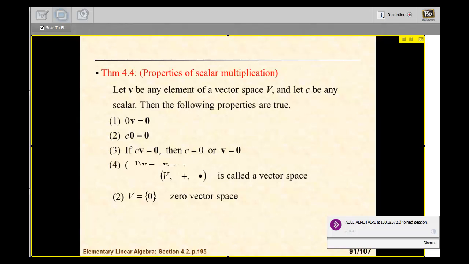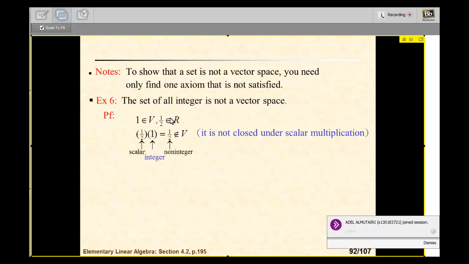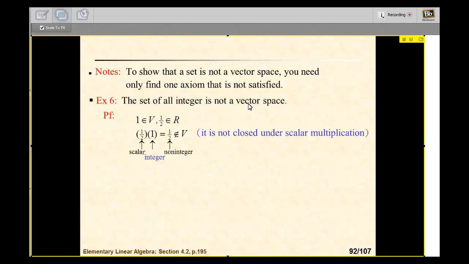So 0 is a vector space, and there are some other definitions. The question is whether the set of all integers is a vector space. We have to show all the 10 properties. It holds the commutative law, associative law, existence of identity, existence of inverse. When we reach property number 6, let us take any integer, say 1, which belongs to the vector space.